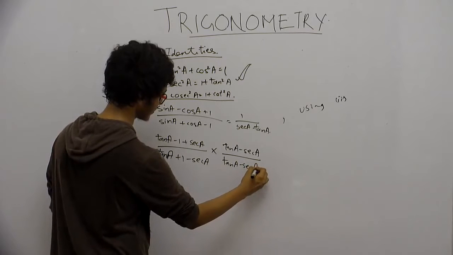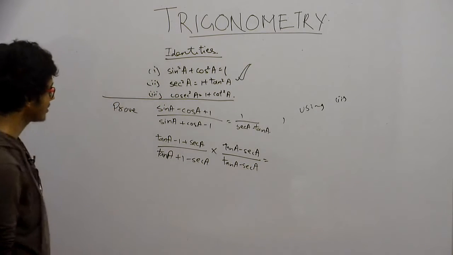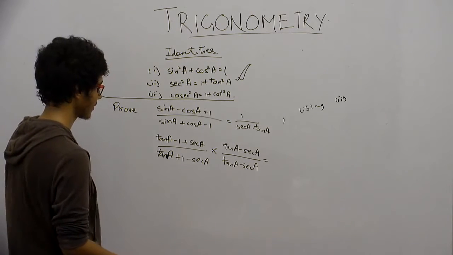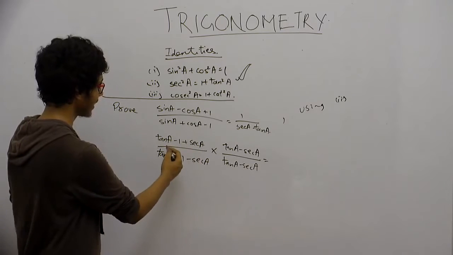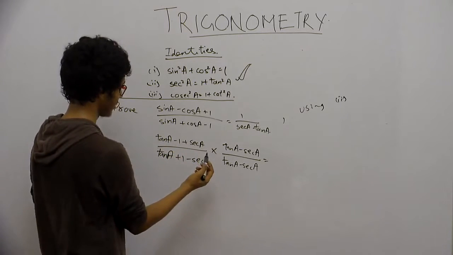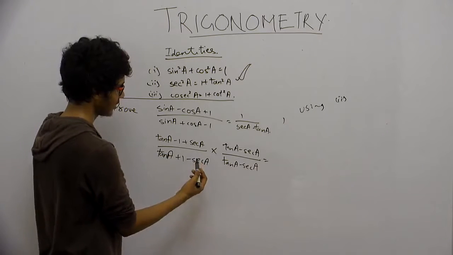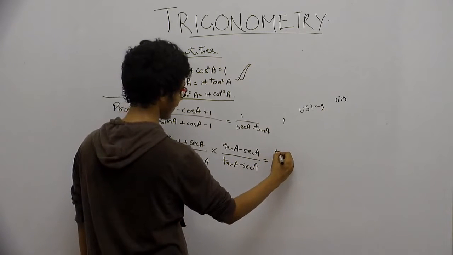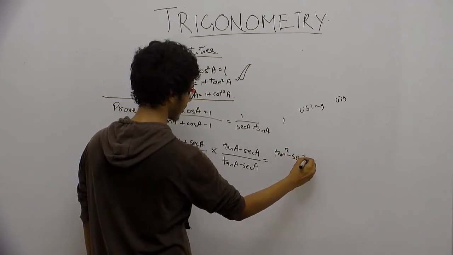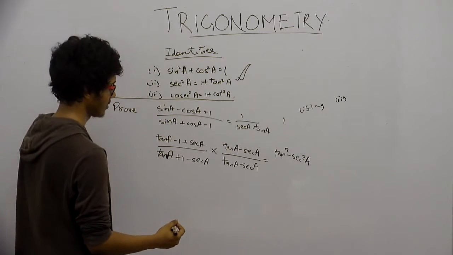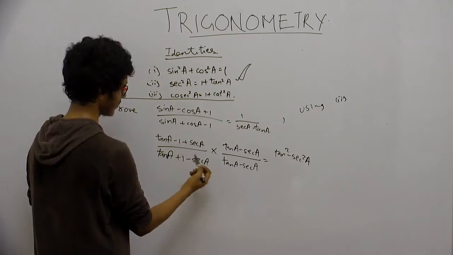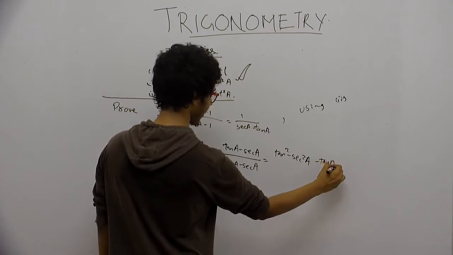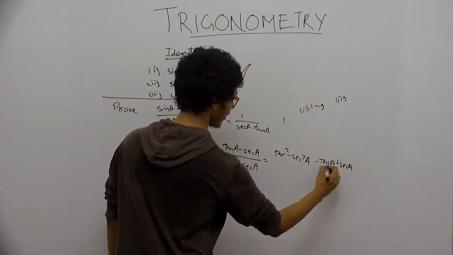Tan A minus sec A. This will give us, once we multiply, (sec plus tan) into (tan minus sec), which is a square minus b square, again gives us tan square A minus sec square A, and minus 1 gives us minus tan A plus sec A.